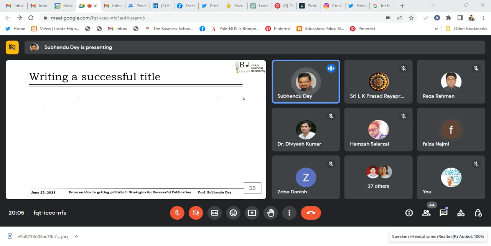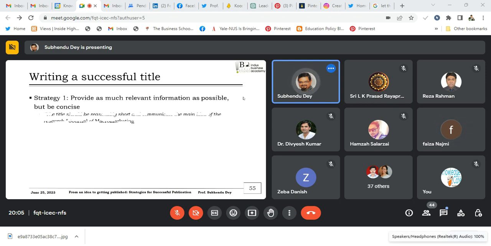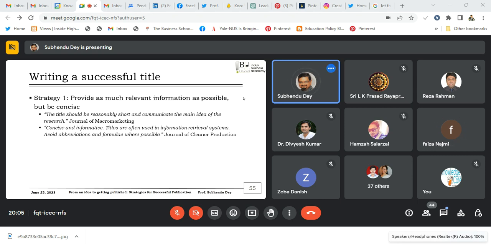So I've put down a few strategies here. These are very, very simple things. So the first strategy I'm talking about is to provide as much relevant information as possible, but be concise. Now, I've picked up from two journals the author guidelines and what they say about titles. Journal of Macro Marketing says the title should be reasonably short and communicate the main idea of the research.